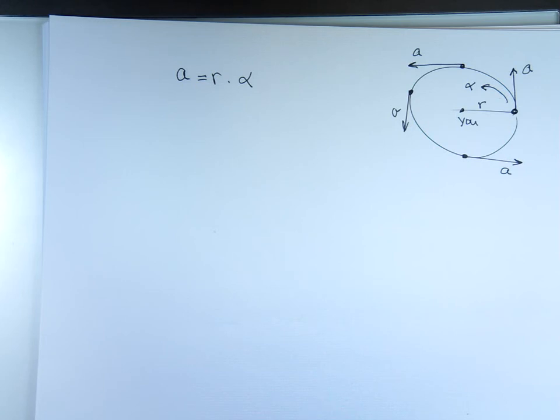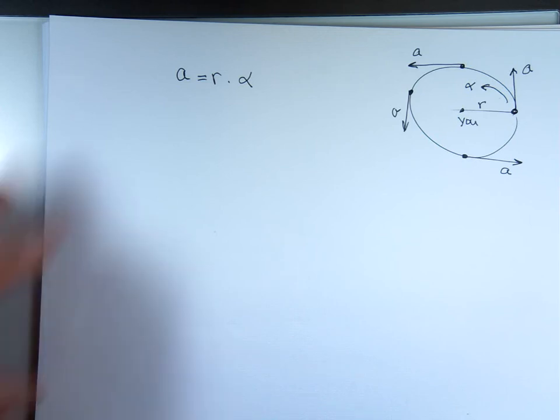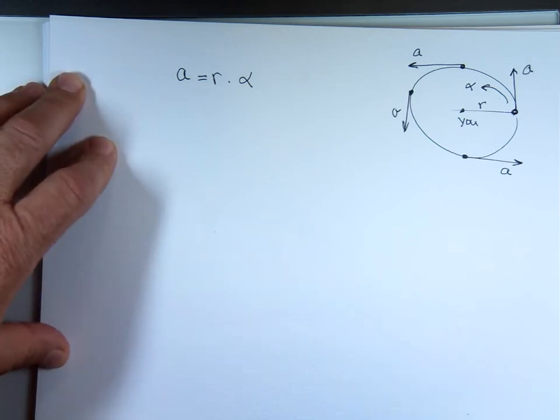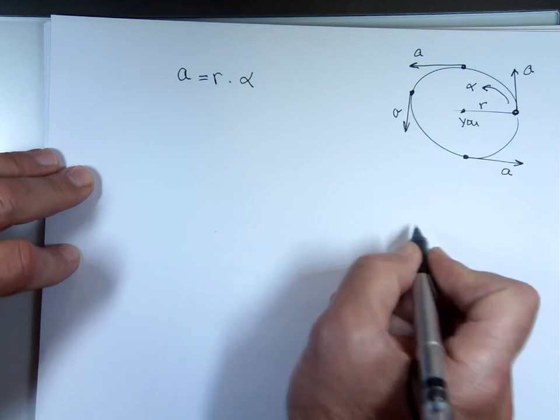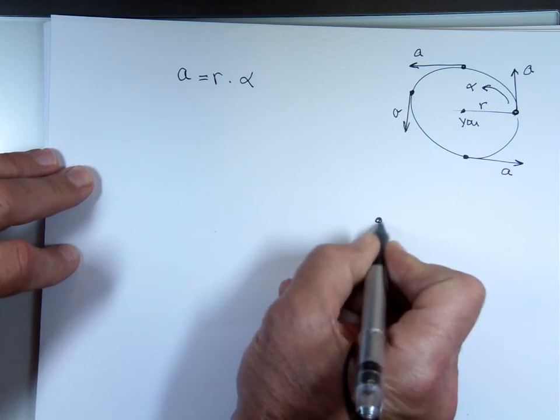So that creates not a problem, but makes it more challenging. What does that mean? If something's spinning like this, it has a centripetal acceleration right there. So an object here has a centripetal acceleration and has a tangential acceleration.